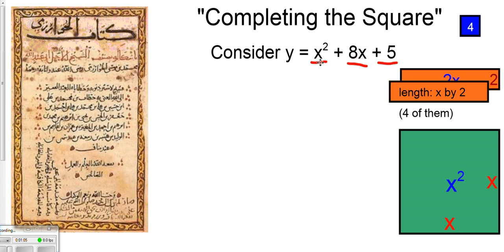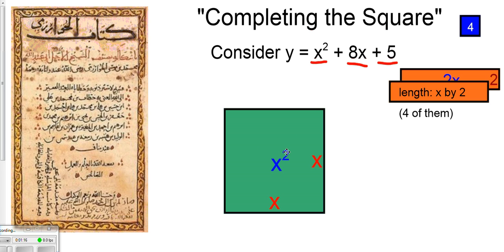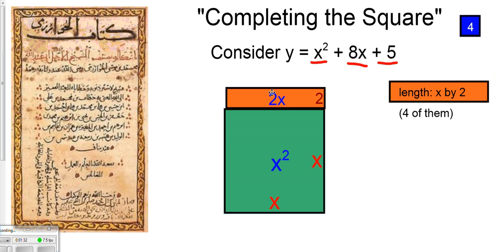So x squared is literally a square with side lengths x by x, right? Because then x times x makes an area of x squared. For 8x, well, I could have a length of x and a length of 8, but I want to spread them out all the way around this. So I'm going to need 4 of them. So I will have one here.